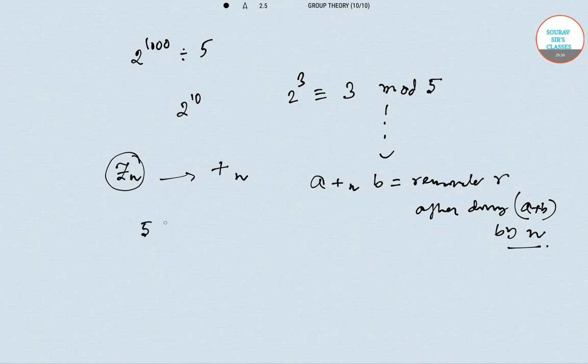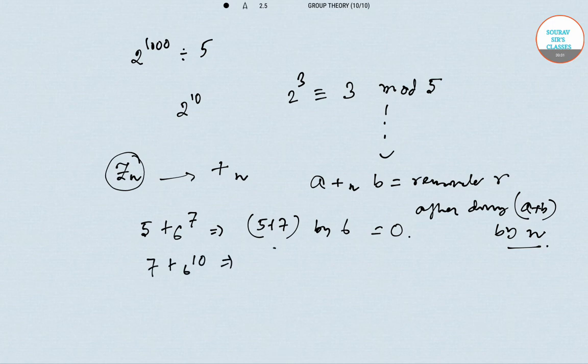So 5 plus_6 7 means the remainder after dividing 5 plus 7 by 6, which in this case is 0. 7 plus_6 10 is the remainder after dividing 7 plus 10 by 6, which is 5.